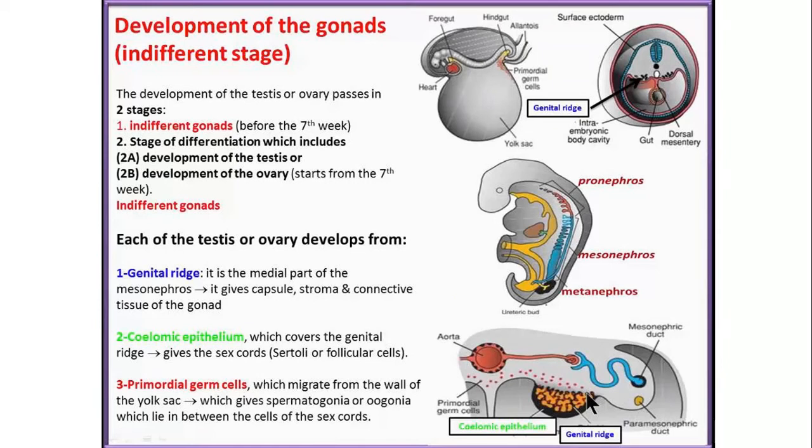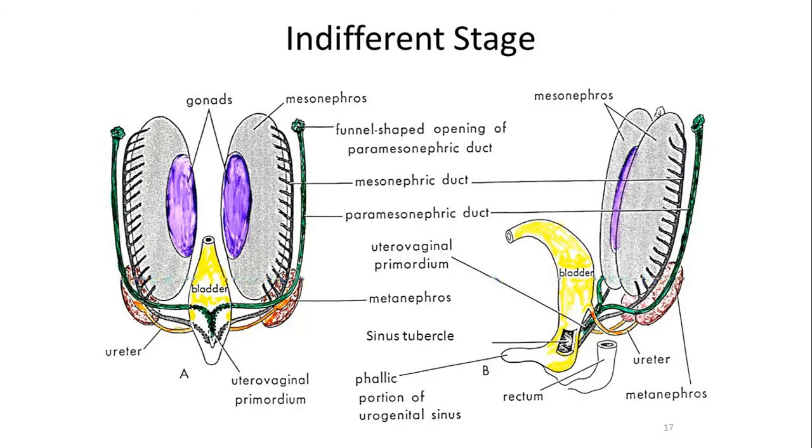There is a genital ridge, there is a thickening or differentiation of coelomic epithelium that will lead to the Sertoli or follicular cells. In the males, Sertoli cells, and in the females, that will lead to the follicular cells, and primordial germ cells. So up to this level is the indifferent stage. Three components. So when we say indifferent stage, it is up to development of these three things.